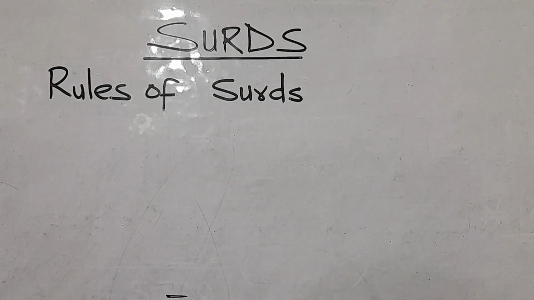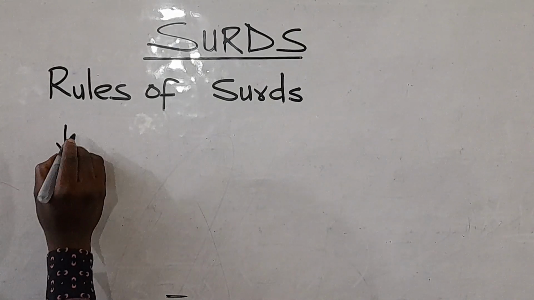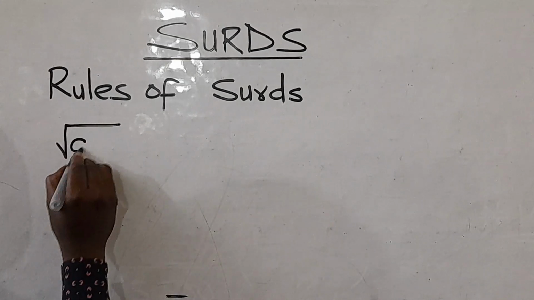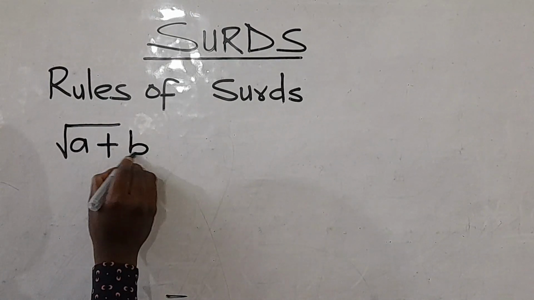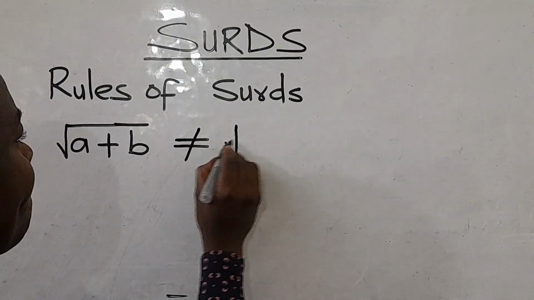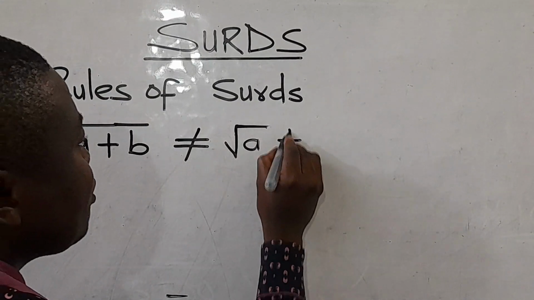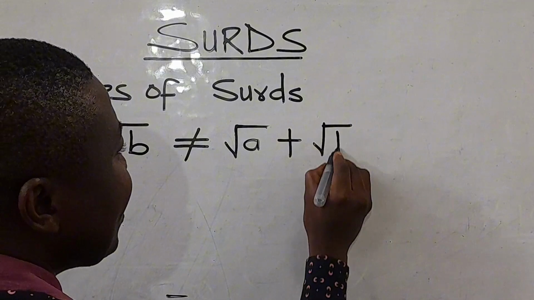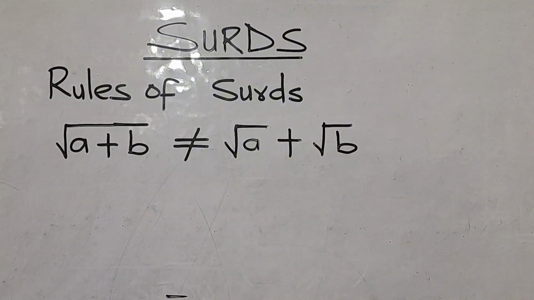Now note, root A plus B is not equal to root A plus root B standing alone. No, this is not a rule.